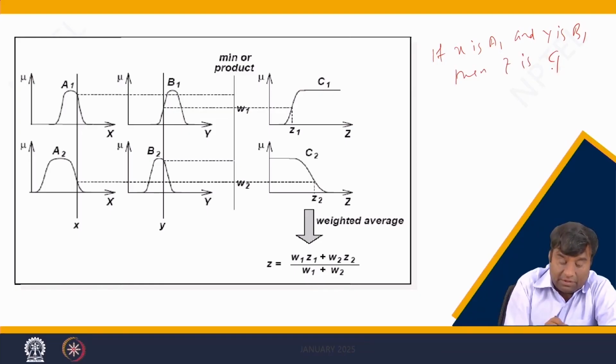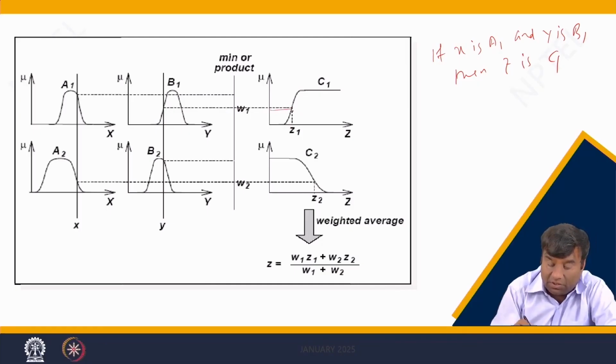Here this is mu A1, this is mu B1. If it is minimum, then take W1. This is W1 and the corresponding value is Z1. C1 and C2 are monotone, that is, the membership functions of C1 and C2 are monotone.